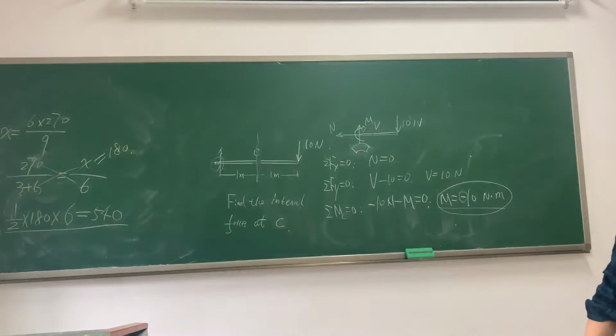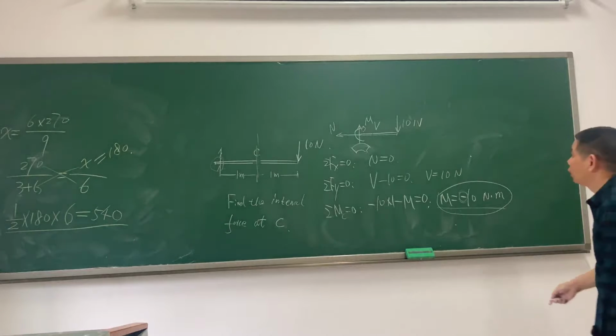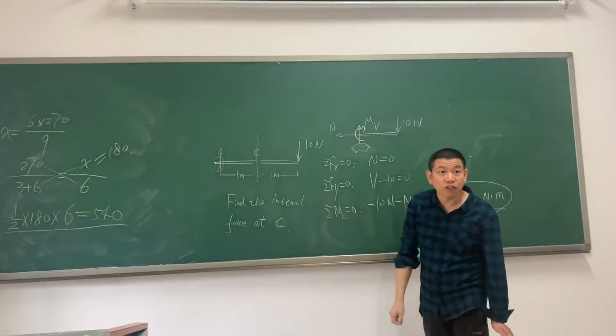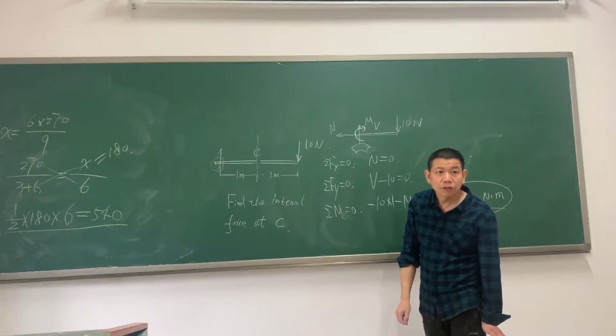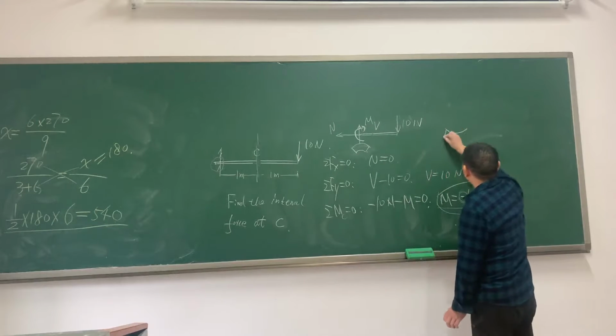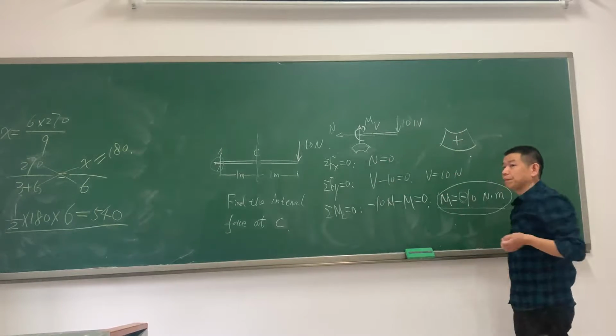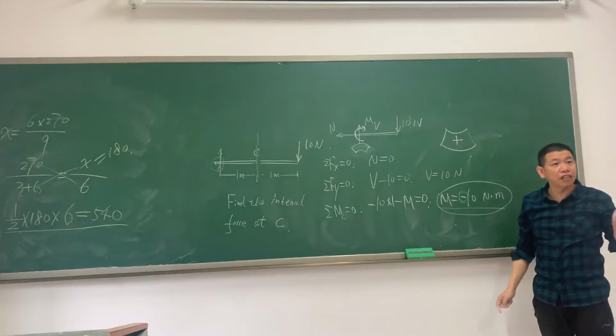Now see, every clockwise moment is negative. This direction is positive. So we make a sign convention.